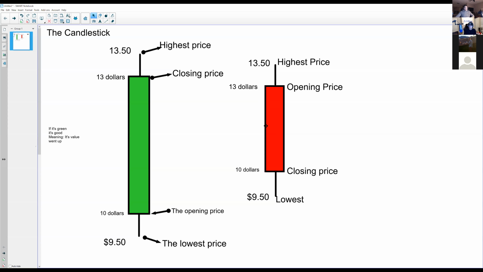So there was an immediate sell-off. It went down to $9.50, but then essentially it closed at $10. So the only difference between these two is if it's green, you look from the bottom up to see the price when it opened and closed. If it's red, you look from the top to bottom. So green is good, red bad. If it's red, the value went down.